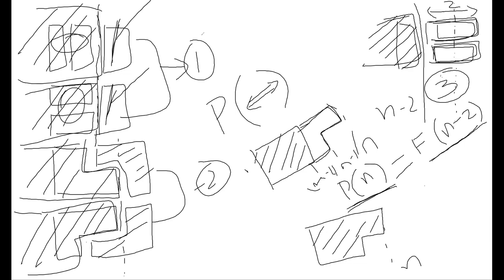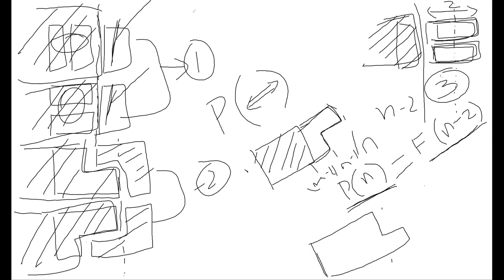And the other way to create a partial is if you already have a partial. So suppose you already have this as a partial. Now, can you remove a domino from it or add a domino to it? So if you want to create this kind of structure, the only way you can do it is to attach this domino here.